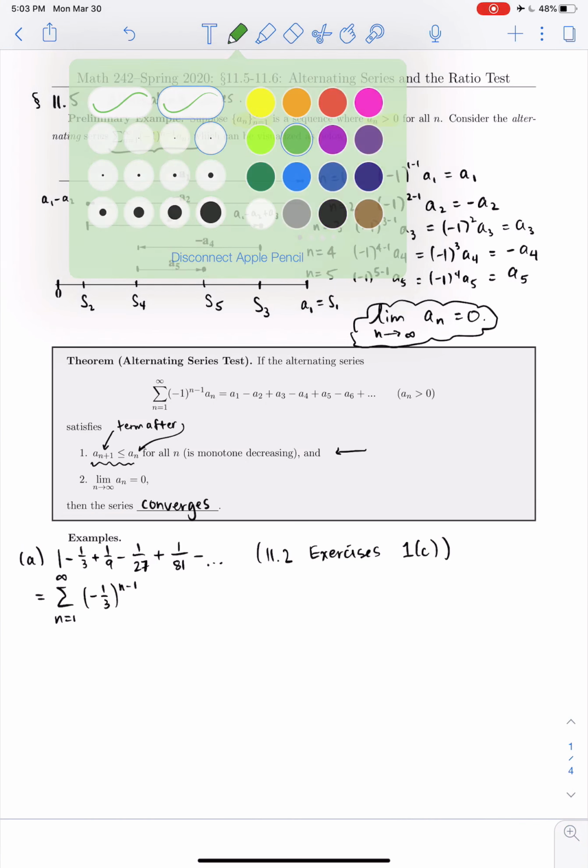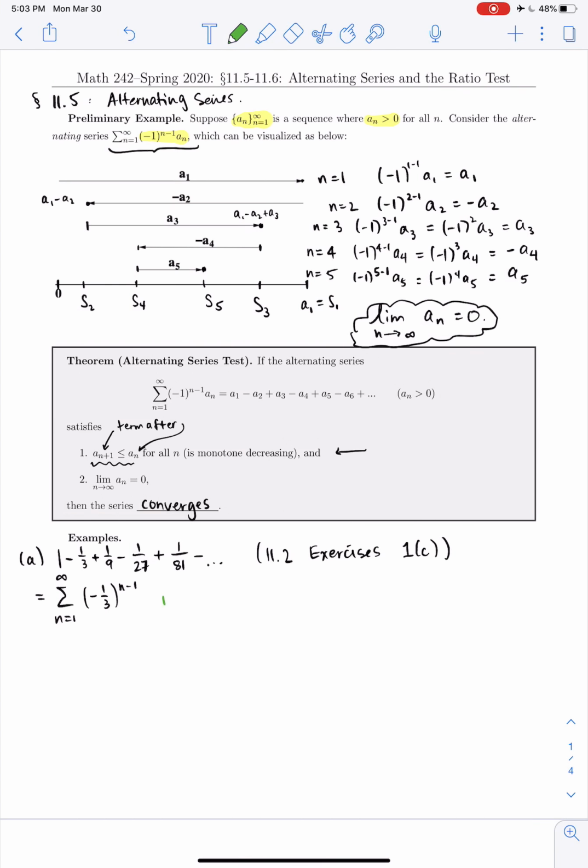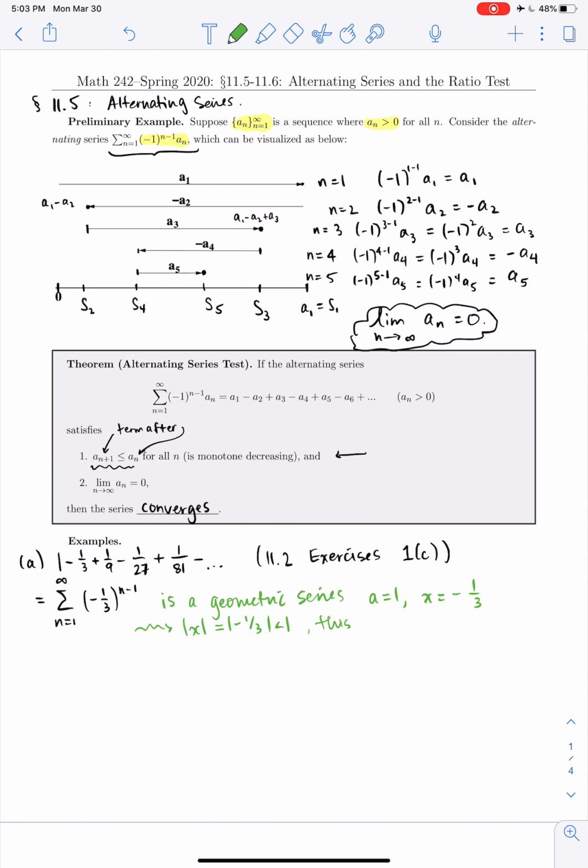And written in this form, you can see that this is a geometric series with a value 1 and common ratio x equaling negative 1/3. Well, because it's a geometric series, you can use the geometric series test for convergence. Because the common ratio's magnitude is less than 1, this series converges.